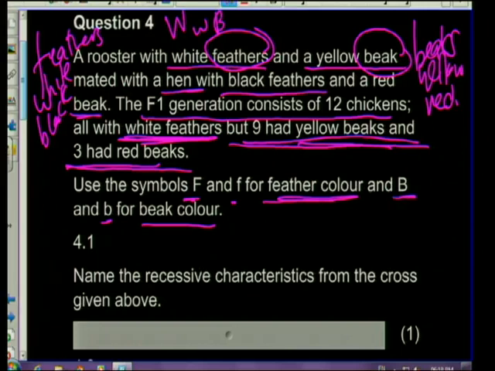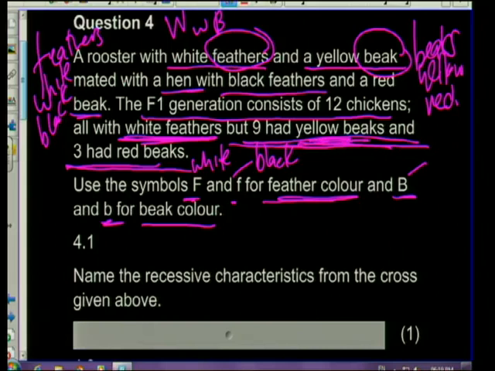They're telling you B and small b for beak color. So capital F for white and small f for black. And capital B for which color? Yellow, because 9 had yellow.